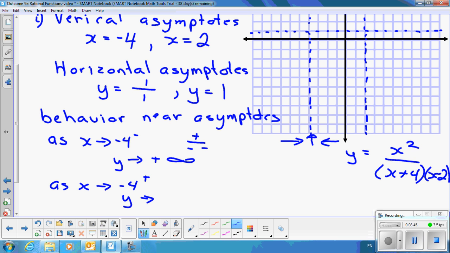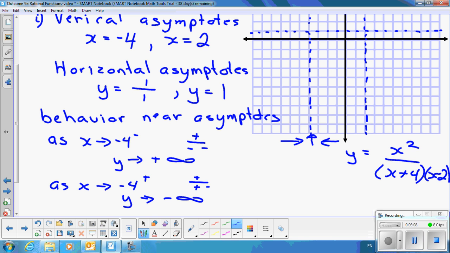Well, again, in the numerator, -3.5 squared is a positive value. -3.5 plus 4 would be positive. -3.5 minus 2 would be negative.